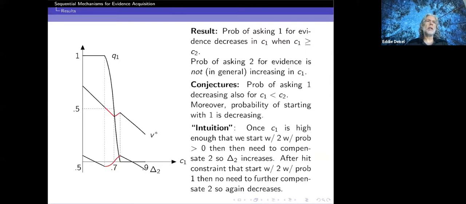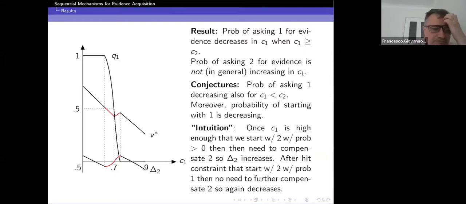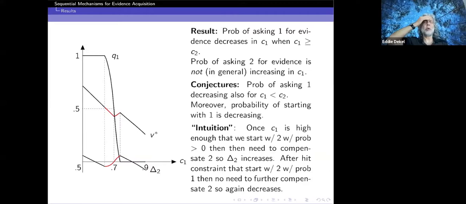Another intuition that I'll give, just to help out, is going to be basic microeconomics. Let's look at the probability with which we're going to player 1, say. As you raise C, you increase the cost of agent 1. That's the cost for him to get evidence, but that's also the cost you have to pay for approaching him. So you want to approach him less. But you're also poorer, because the total costs in the system have gone up. So there's a substitution effect. You want to approach agent 1 less and go to agent 2, but there's also an income effect.